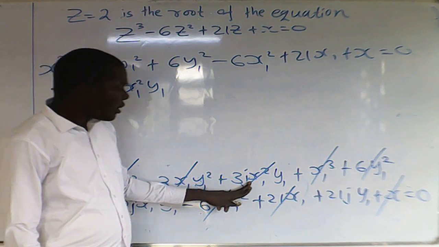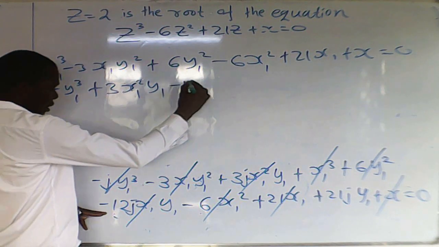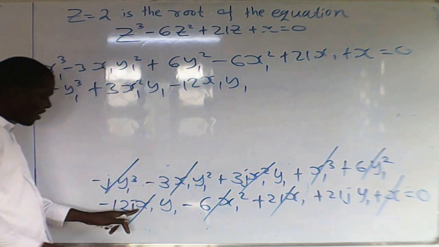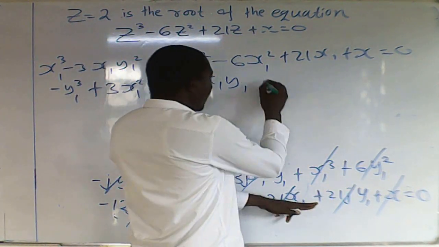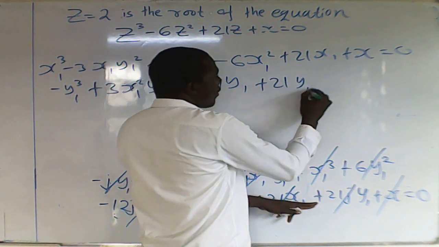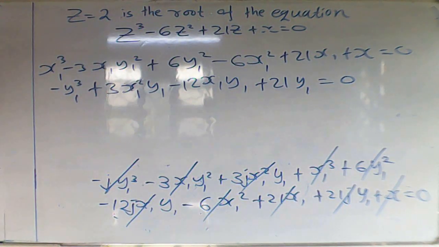Are we together? Then minus 12x1y1. j will cancel out on both sides of the equation. Then plus y1 is equals to 0. It was supposed to be 0j. So j cancels from both sides of the equation.